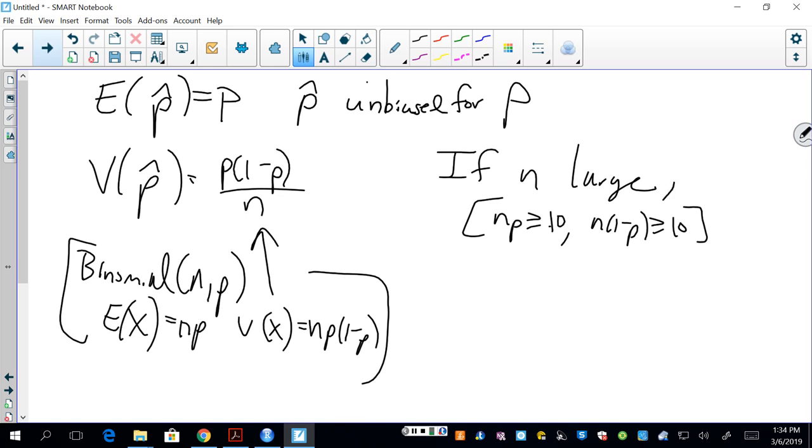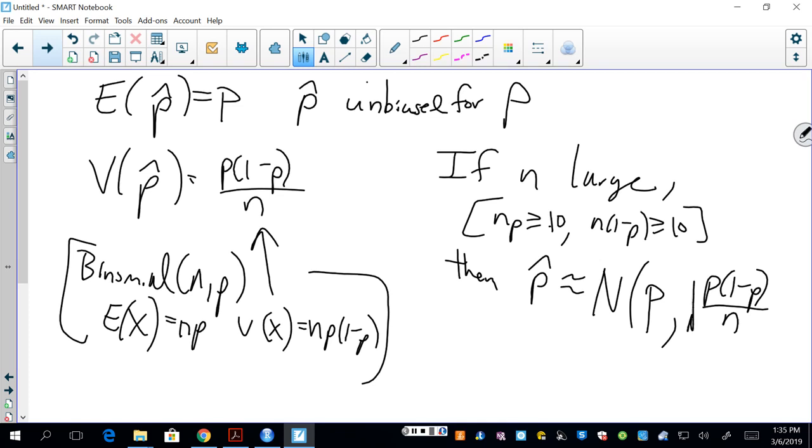If n is large, then p hat is approximately normally distributed about p with that standard error. We use that basis in probability theory then to make an interval. And so it's the interval that you used for those couple of problems on the homework, the p hat plus or minus the z value times the standard error. And I'll write that on the next page.